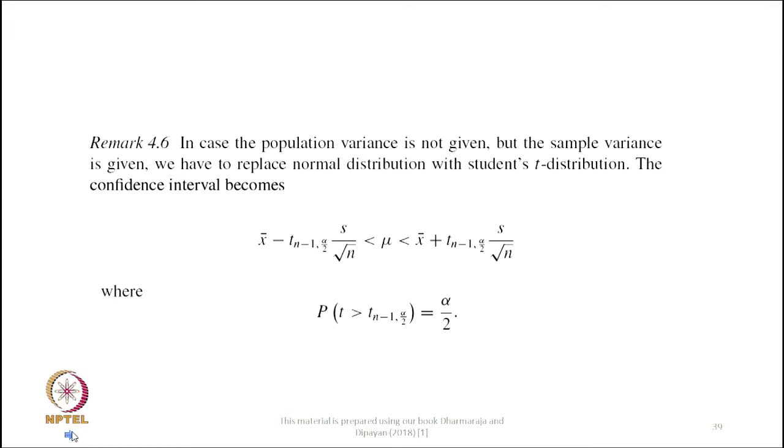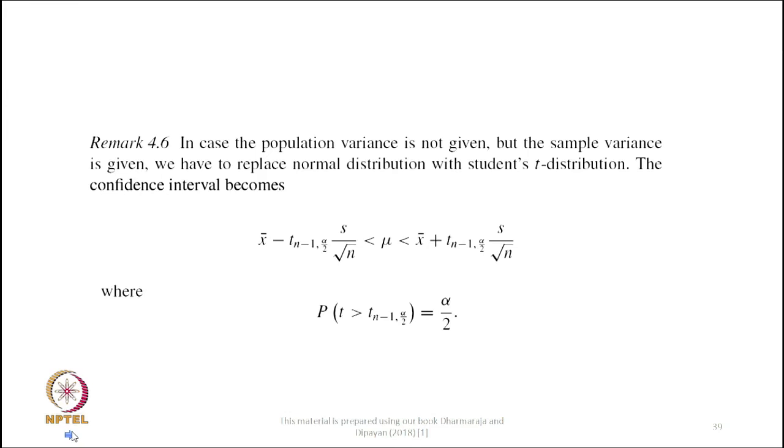Now, we are coming into relaxing the condition of the population variance also being unknown. That means you cannot use the earlier derivation, because the earlier derivation uses the population variance as known.